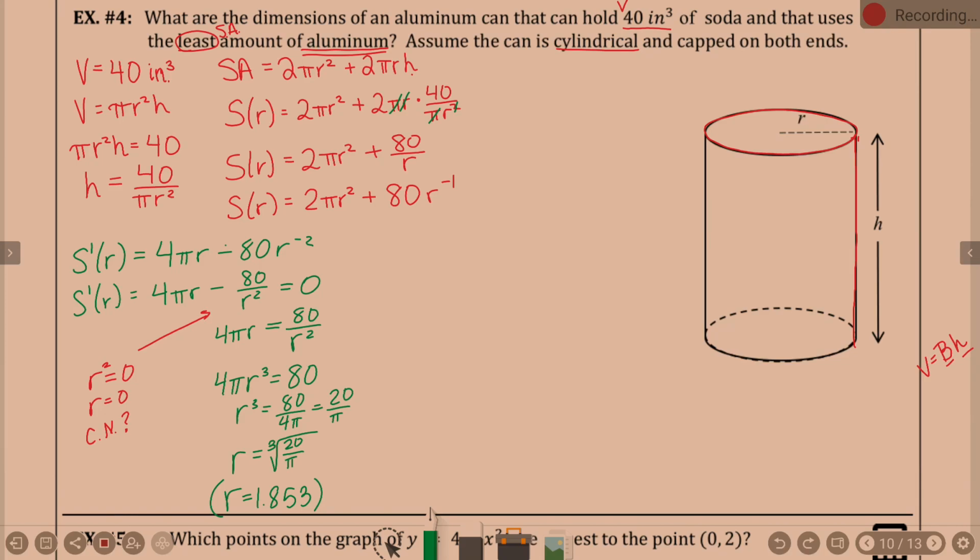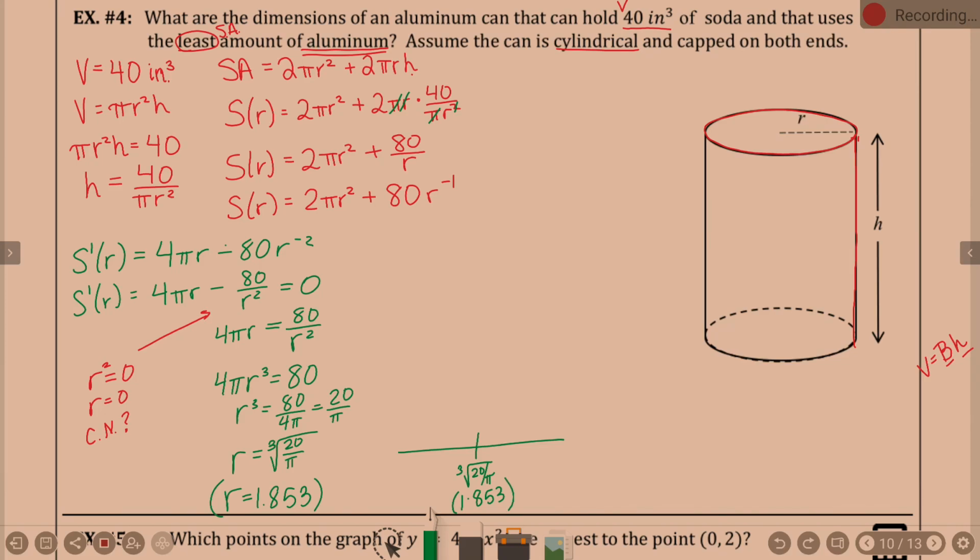With that in mind, we should double check. What are we trying to do? Minimize. Okay, so if I set up a sign chart here, the one critical value I'm using is the cube root of 20 over pi, which is about 1.853.